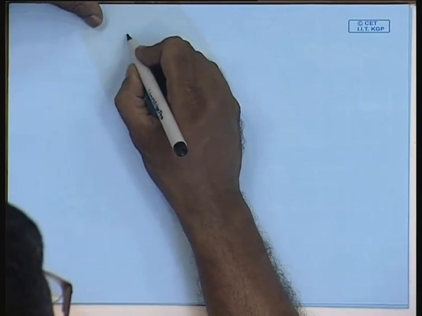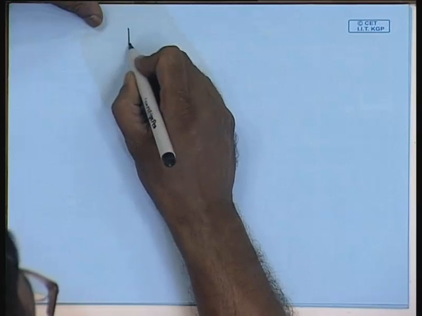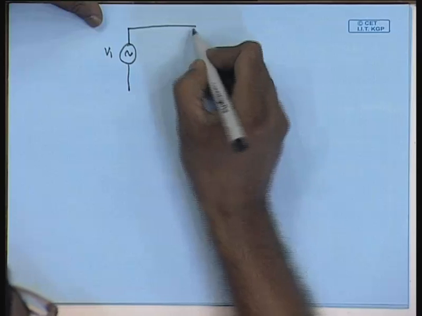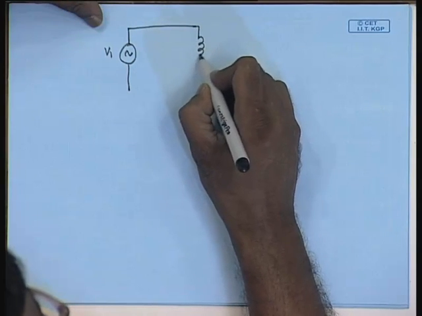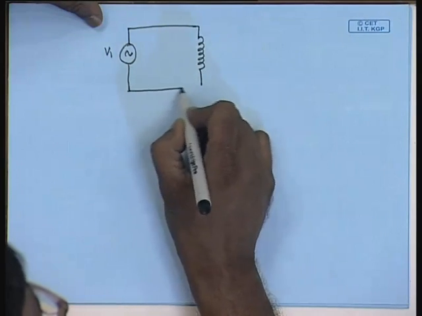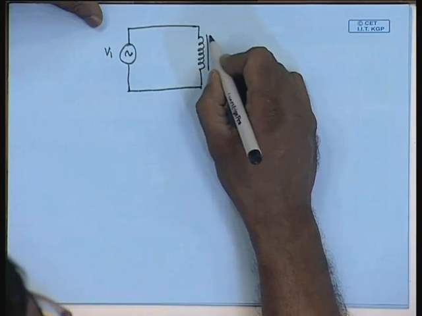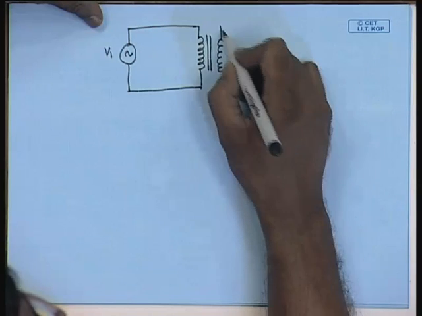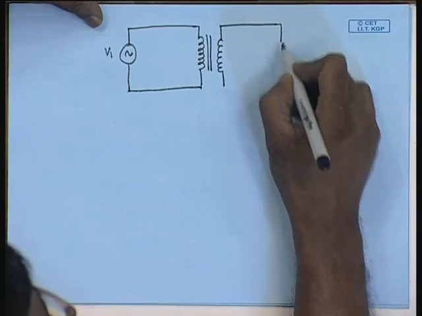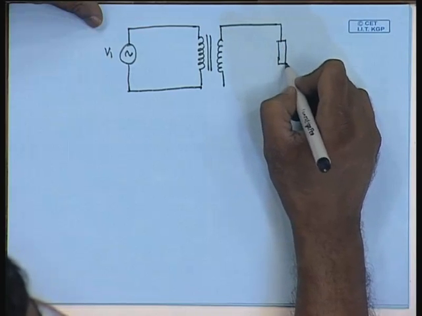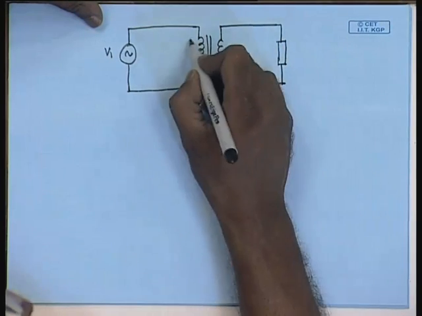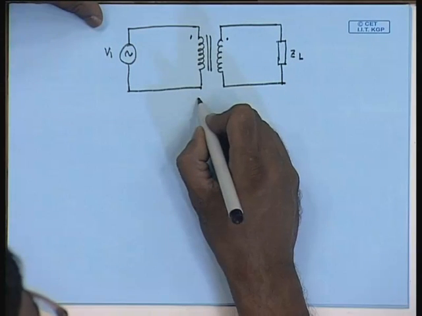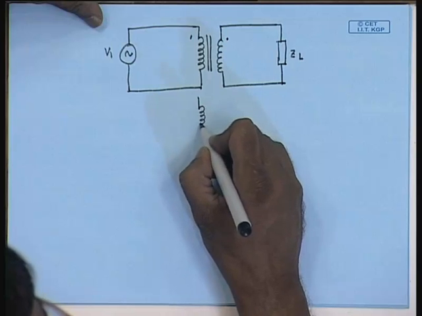Again, this is the first transformer. The second transformer again is connected in parallel to it with appropriate polarity.